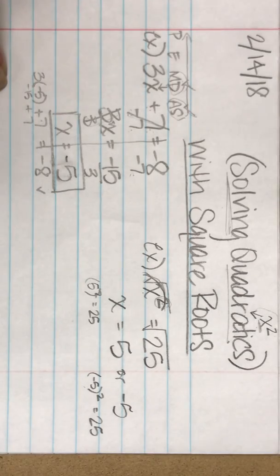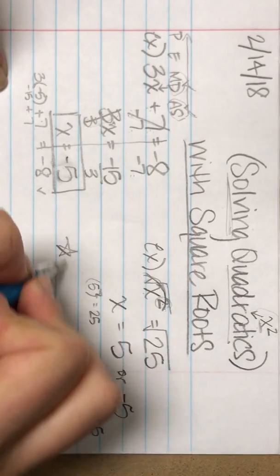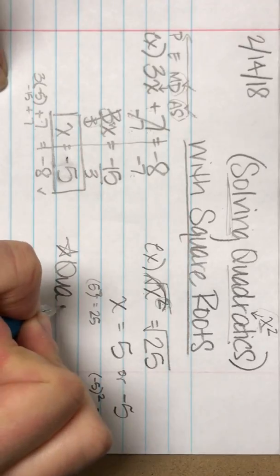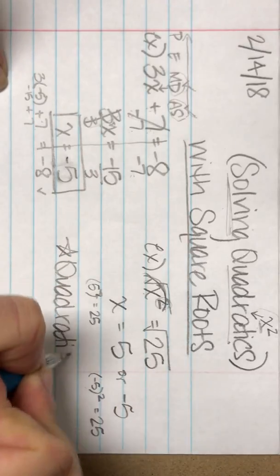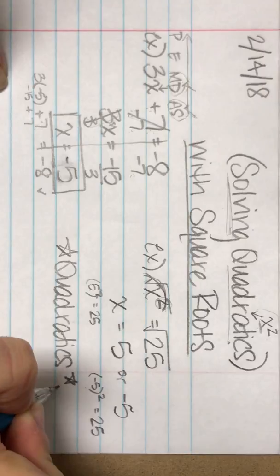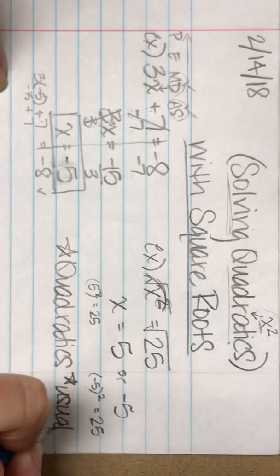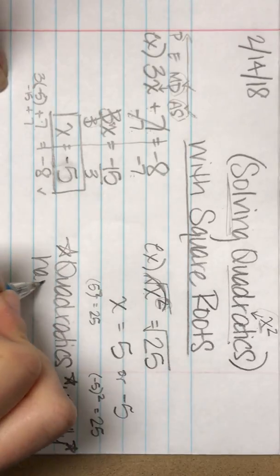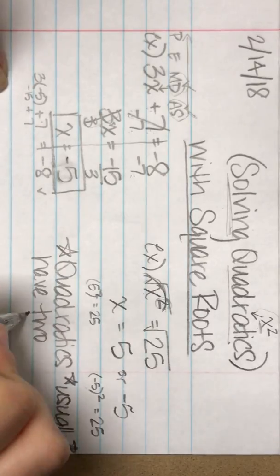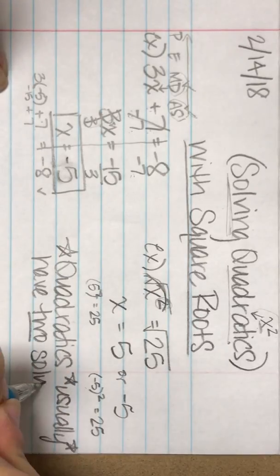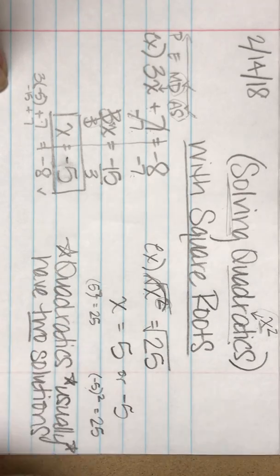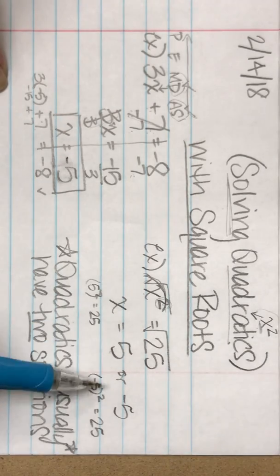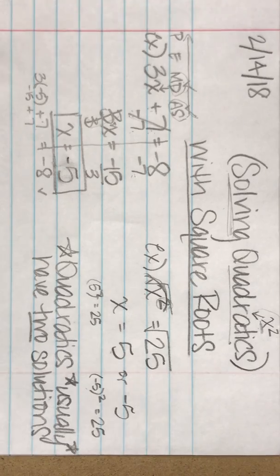So it's kind of an added thing that quadratics, because we have this square root situation, usually, I can't say always, and we'll talk more about why later, but they usually have 2 solutions, okay? Because like I said, it's not only a positive 5 that works. Negative 5 will also work, okay?